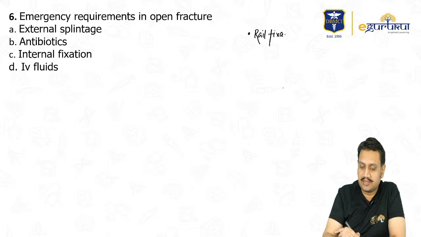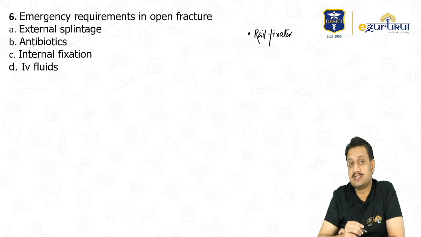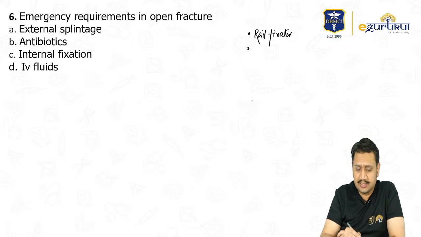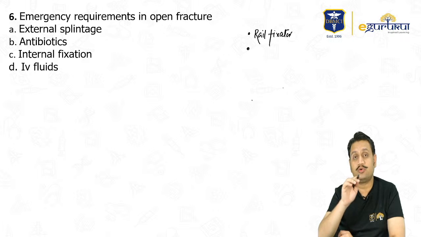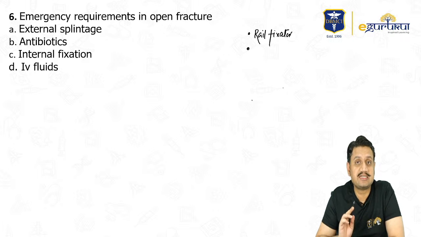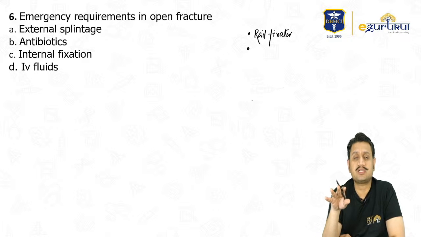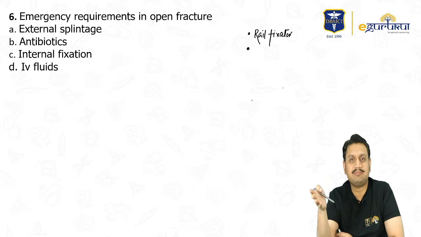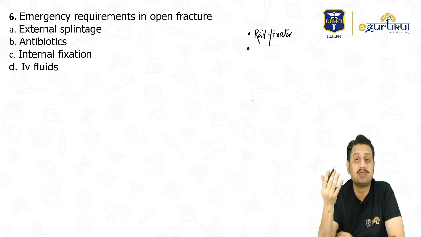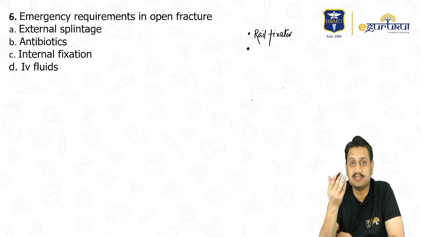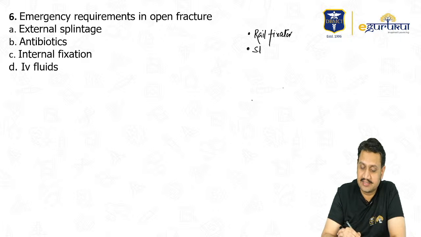In the next session, they asked which of the given 4 external fixators has got the maximum stability? They gave you 4 options: uniplanar rod and clamp, double rod uniplanar rod and clamp, multiplanar rod and clamp, and then Ilizarov. So that was another question the next year, about the stability of the external fixator.